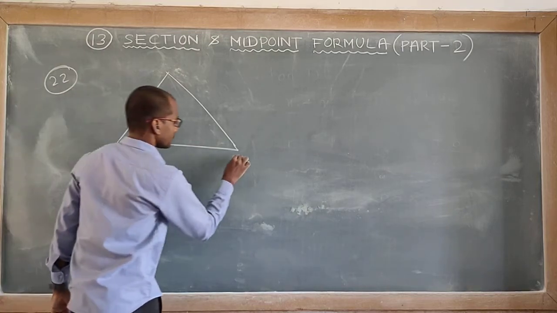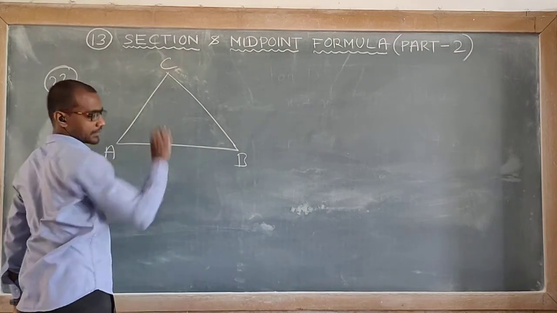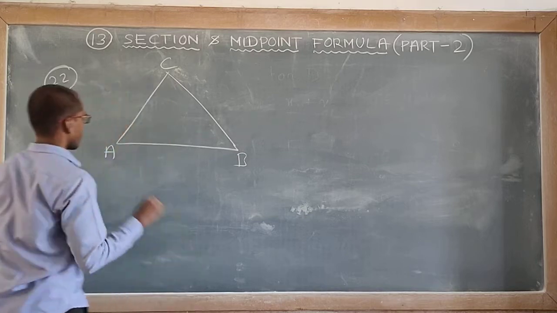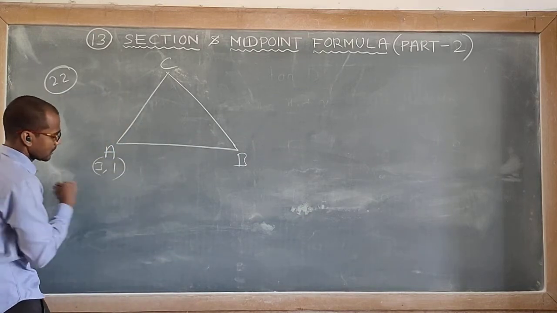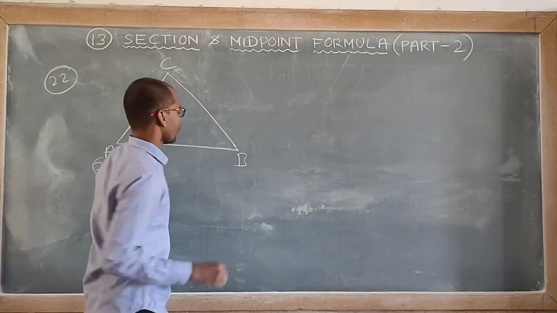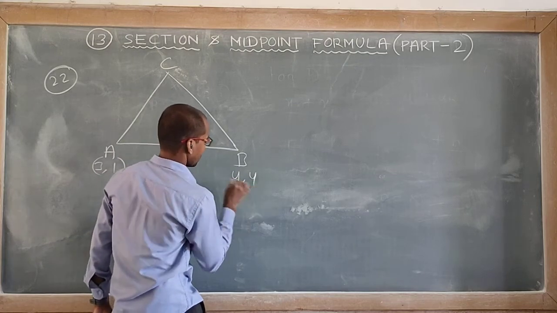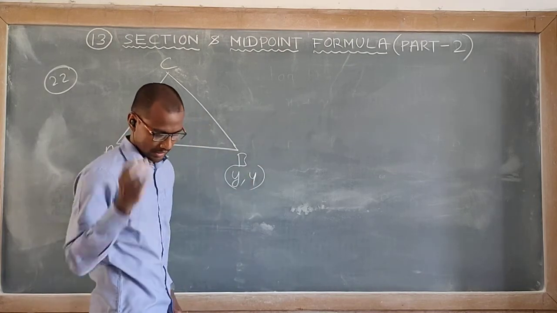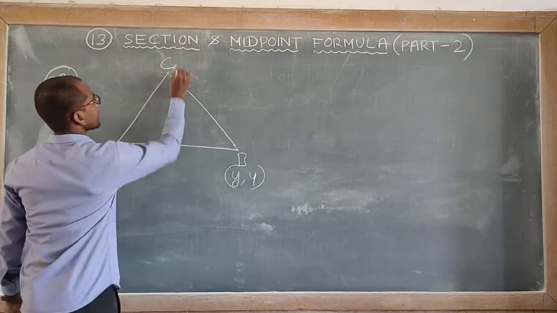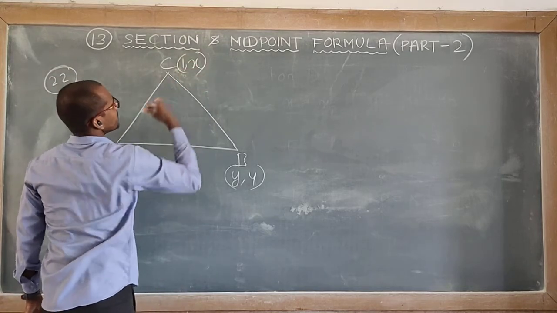ABC. What is A? 3, 1. B is y, 4. The x coordinate of B is not given, y. C is 1 comma x.